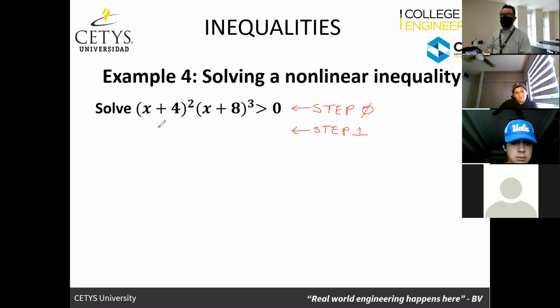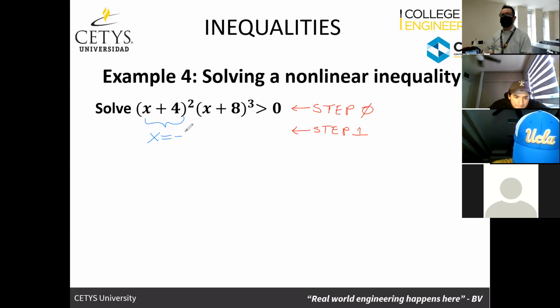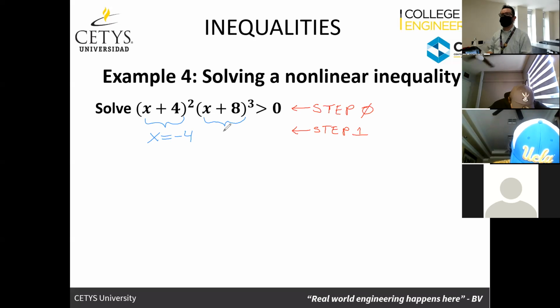And so what would be the roots in this case? Well, we've got 2 factors, which is x plus 4. And so the root here is going to be x equals minus 4. And then we've got another factor here, and this root is going to be x equals minus 8.